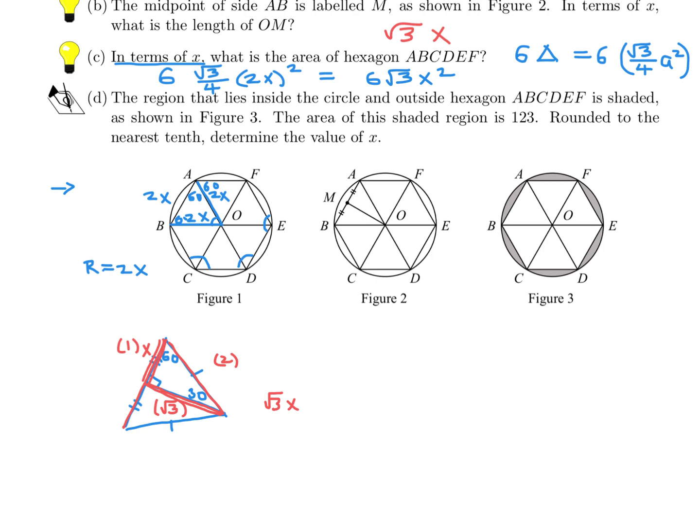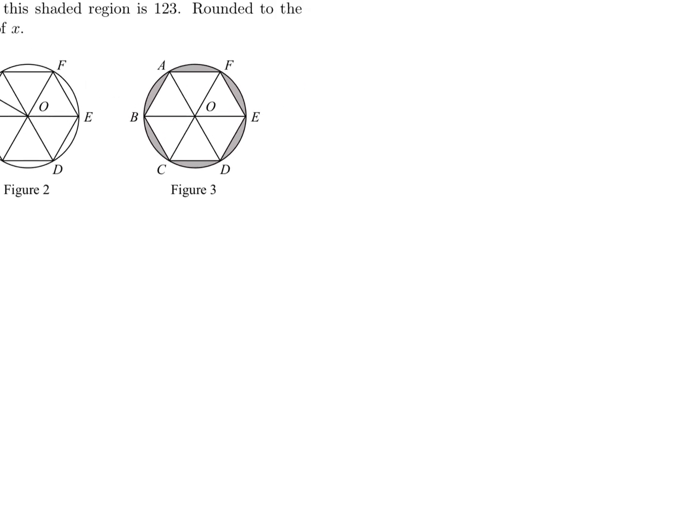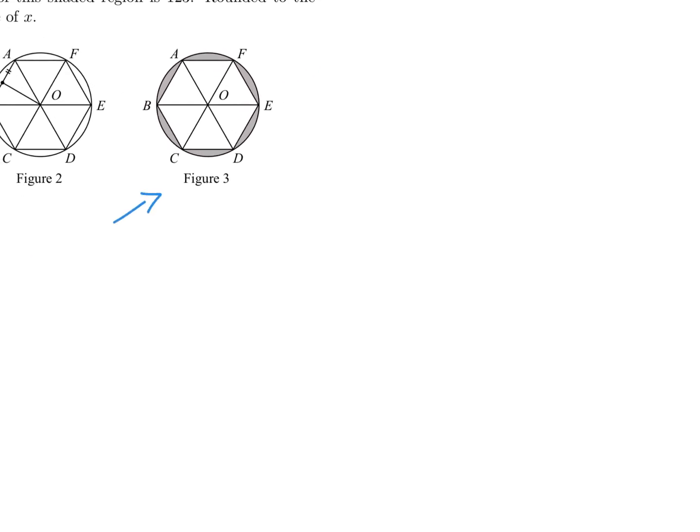And then finally, the region that lies inside the circle and outside the hexagon is shaded. The area of this region is 123. To the nearest tenth, determine the value of x. Okay, so now we're working with this guy here, figure 3. So the shaded area is the area of the circle, which would be pi r squared, minus the area of the hexagon.